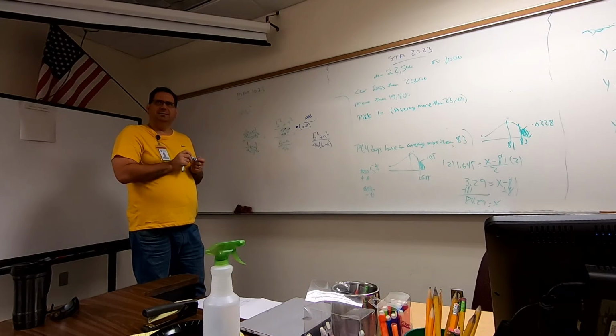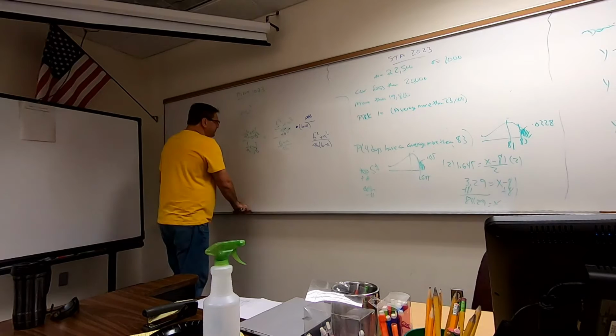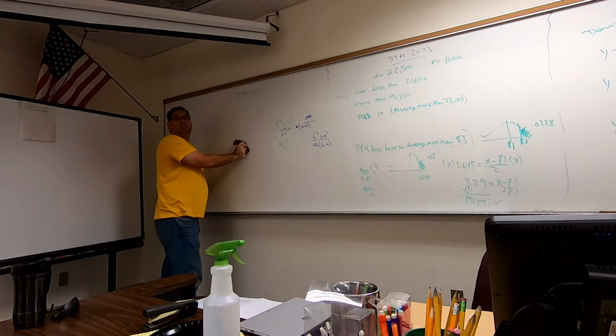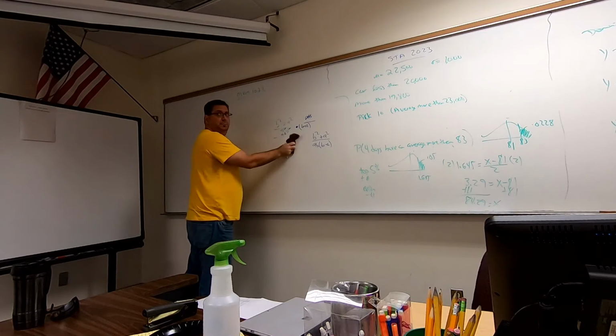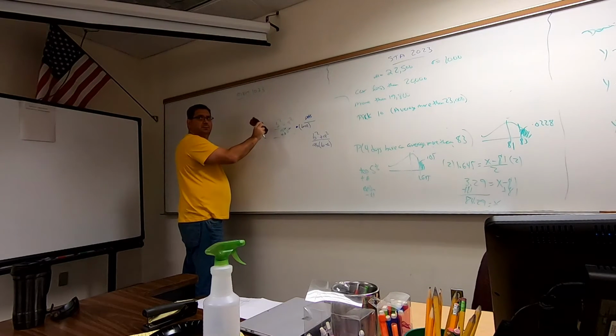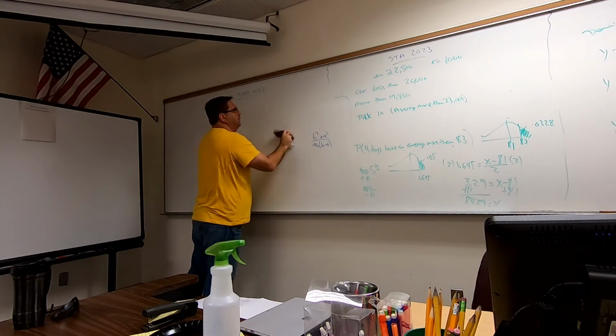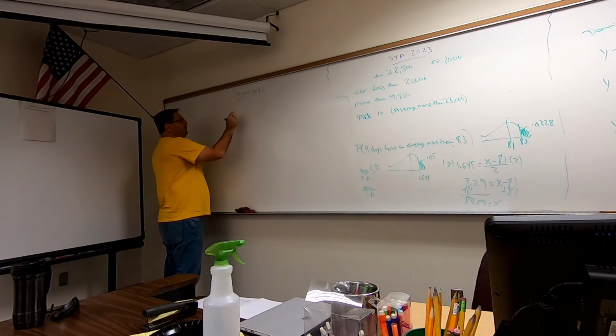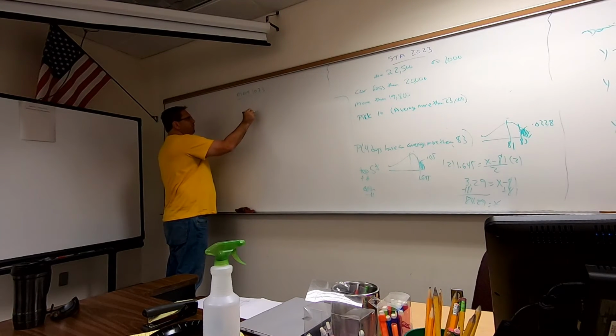Good? Now let's try this, and then let's give you a preview of what's ahead. So let's go 1 over x squared minus 1 over y squared, over 1 over x minus 1 over y.